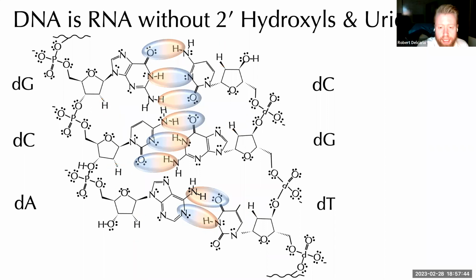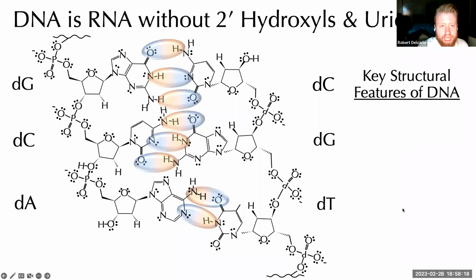Another difference here is that thymidine and uracil are very similar in structure. There's just a methyl group that adds on there and differentiates thymidine from uracil. That methyl group makes this double bond in particular a little bit more stable, and it may cause problems elsewhere, but we'll talk about that later when we talk about sunscreen.